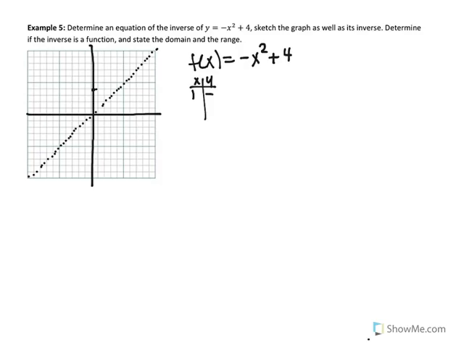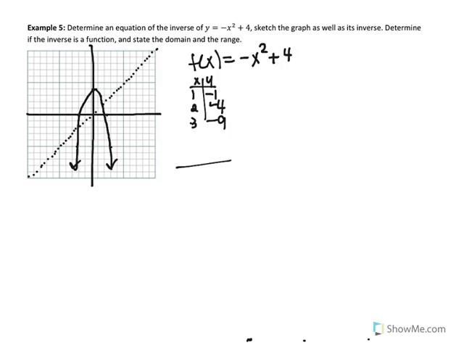So it'll go over 1, down 1, over 2, down 4, over 3, down 9. So we can plot all of those points. Okay, so there's my parabola.